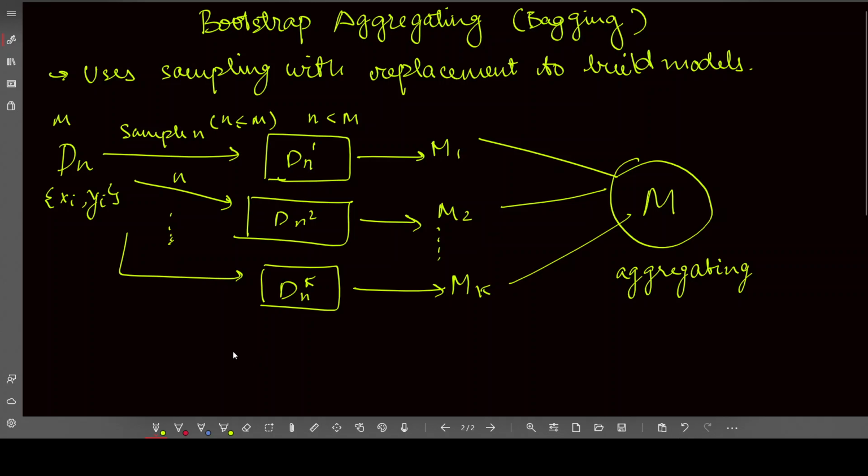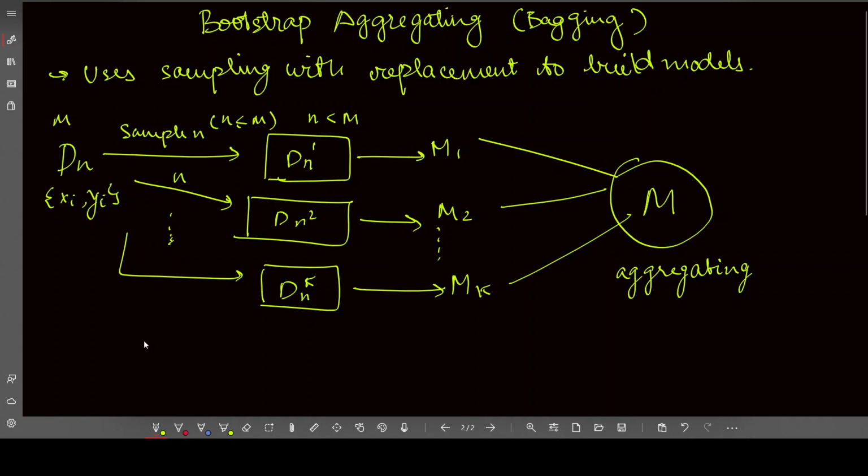Let me just recapitulate some important points. There's a small probability that the same data point occurs again in the sample, because we are sampling with replacement. So you might see the same data point twice or thrice in the same sample of a data set.